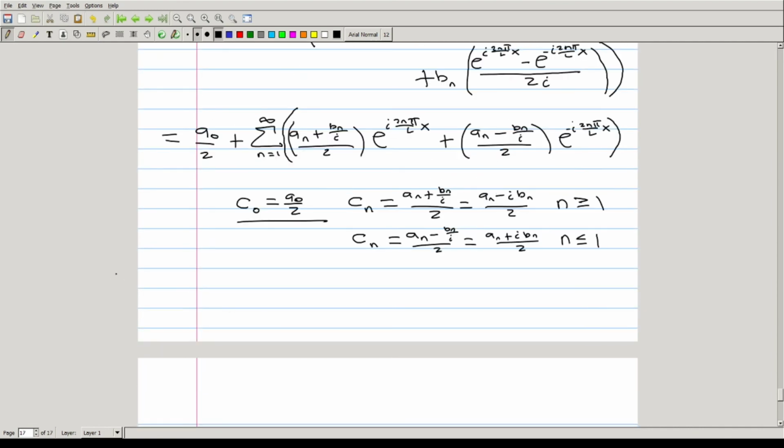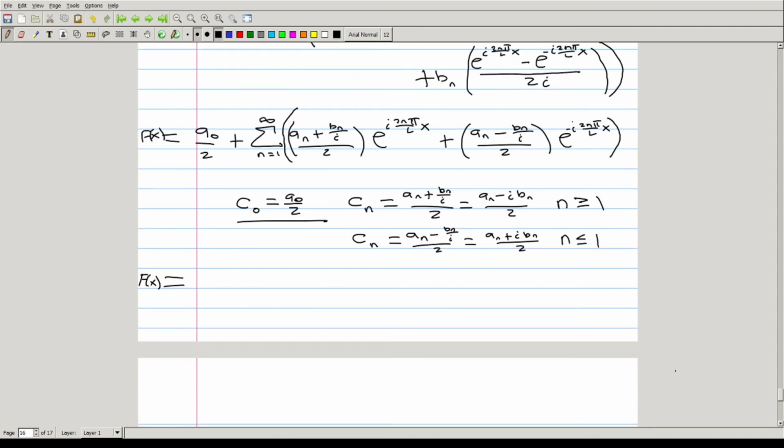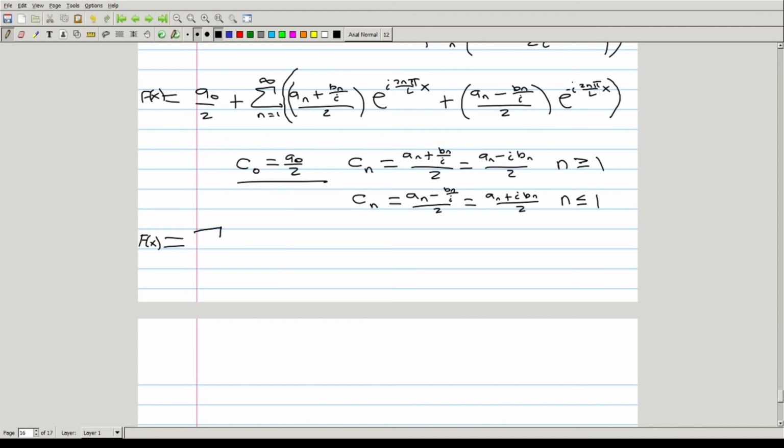The complex form of the Fourier series, f of x, can be expressed very simply as just the infinite summation from n equals -infinity to positive infinity of Cn times e to the i 2n pi over L times x.